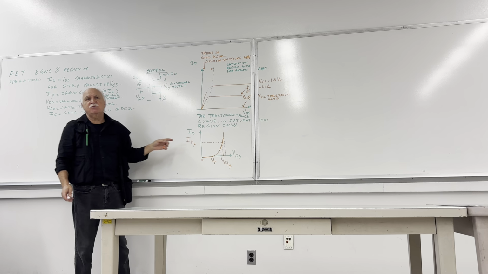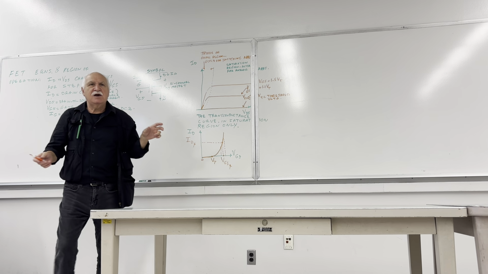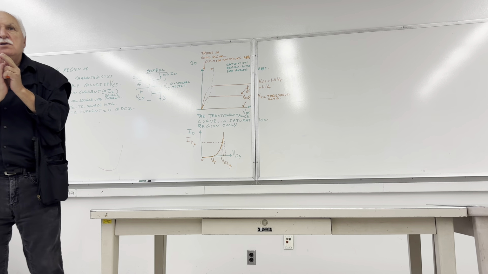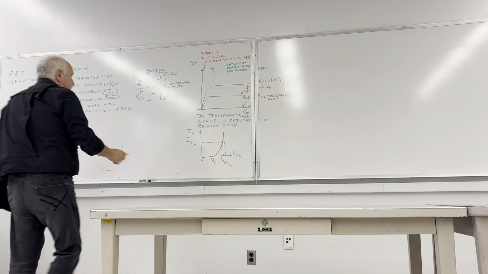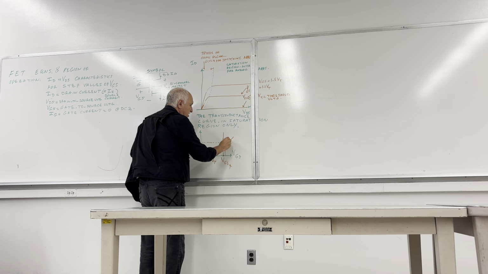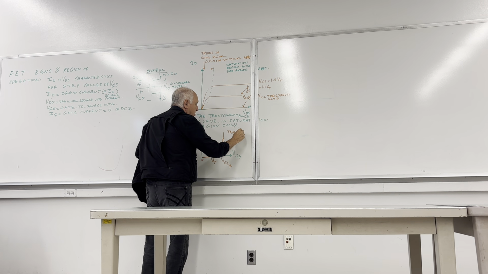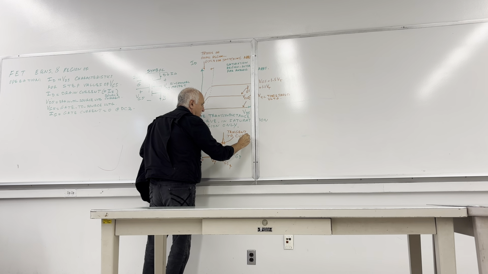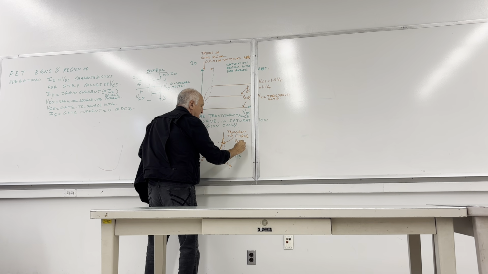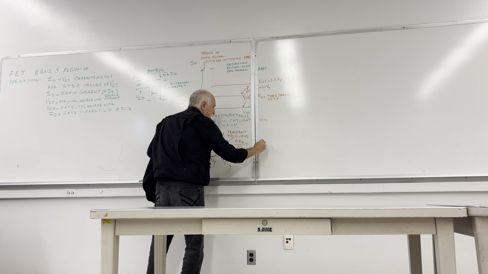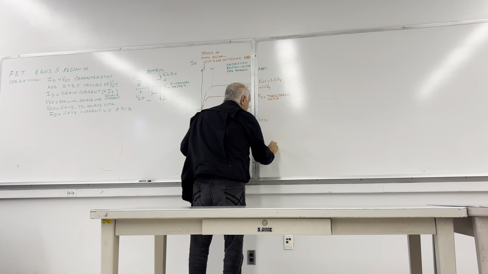We can apply that concept to every nonlinearity. Every nonlinearity in a small range is linear. Let's put it this way. So the tangent to the curve, which is delta ID to delta VGS, is called GM, transconductance.